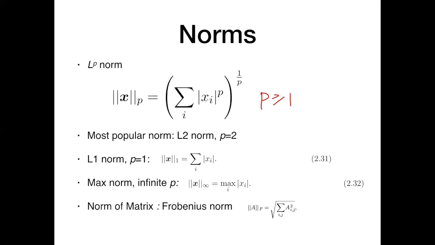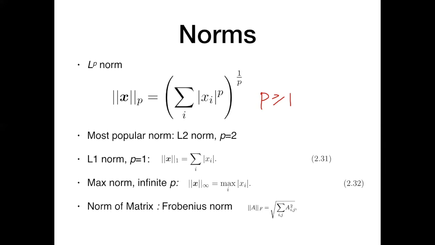When p is equal to 2, it becomes the most popular norm, the L2 norm. The L2 norm is also known as the Euclidean norm. It is simply the Euclidean distance from the origin to the point identified by x.